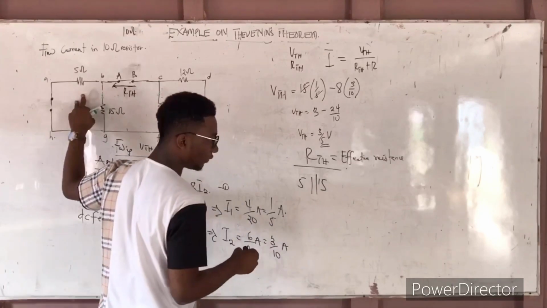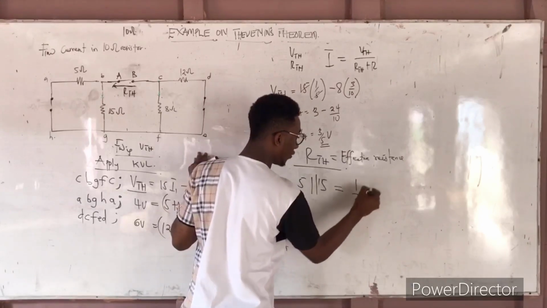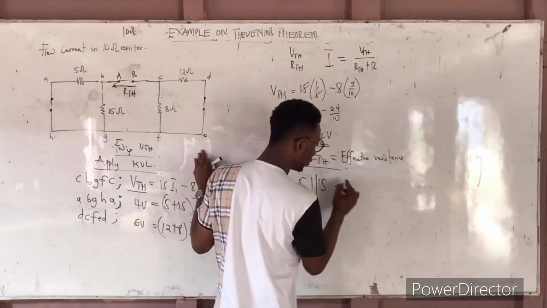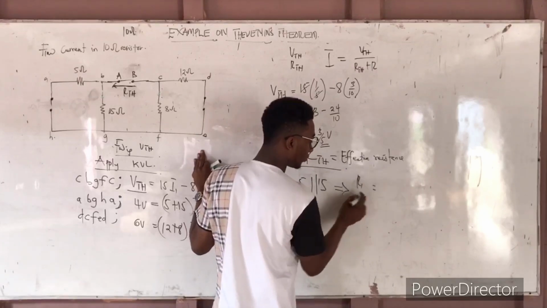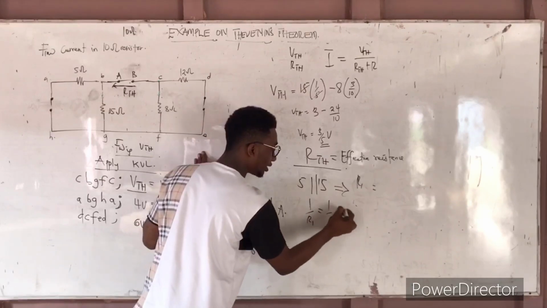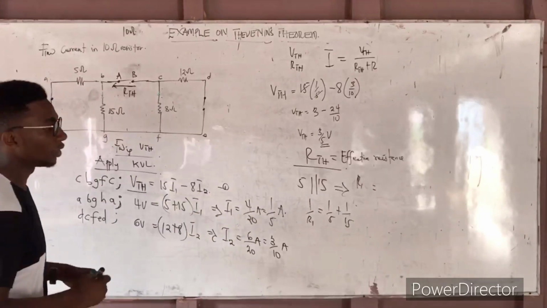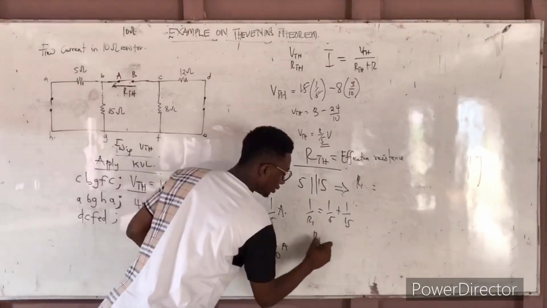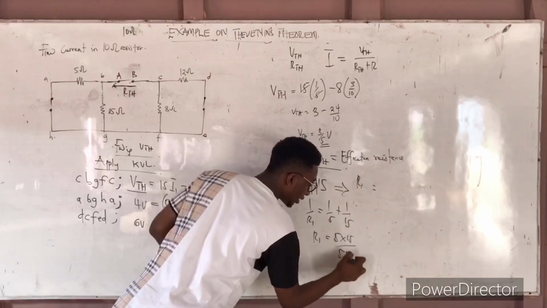So 5 is parallel to the 15. Let's say the effective resistance is R1. Therefore 1 over R1 gives 1 on 5 plus 1 on 15, so R1 will be equal to 5 times 15 divided by 5 plus 15.